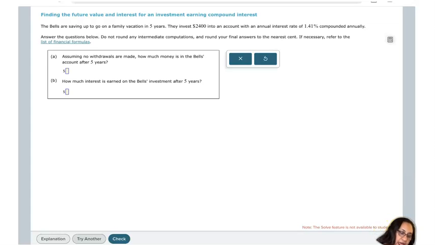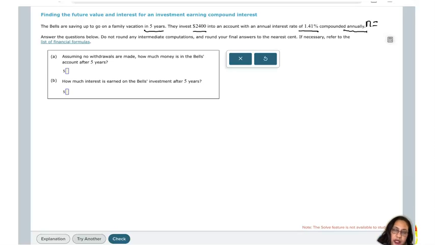So again, I like to underline the things that are important. And then it's compounded annually. So n is equal to 1 because of that. So I can even write it here.